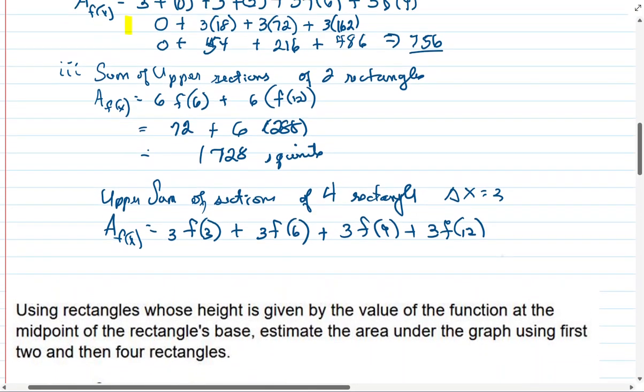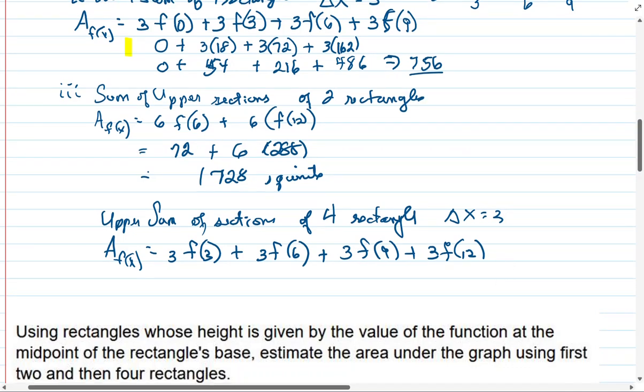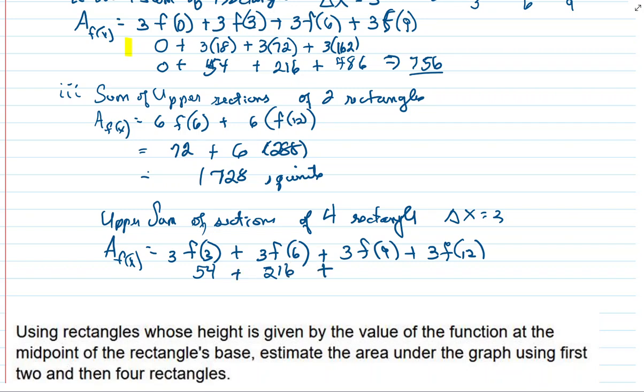So, okay. F of 3 was 54. F of 6 was 216. And of 9, it was, wait, I've skipped one.